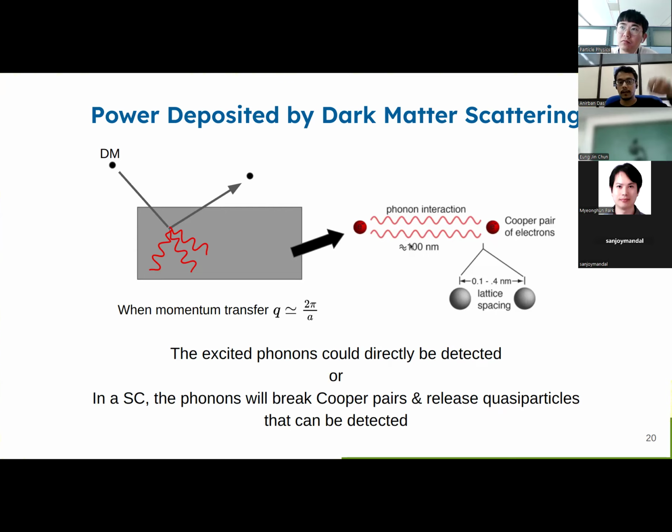So when there is an energy deposit, about 60% of that gets transferred to quasi-particle excitation. This number is relatively large because of the existence of this ground state, the BCS ground state of the superconductor. In a normal lattice, this would not be possible.